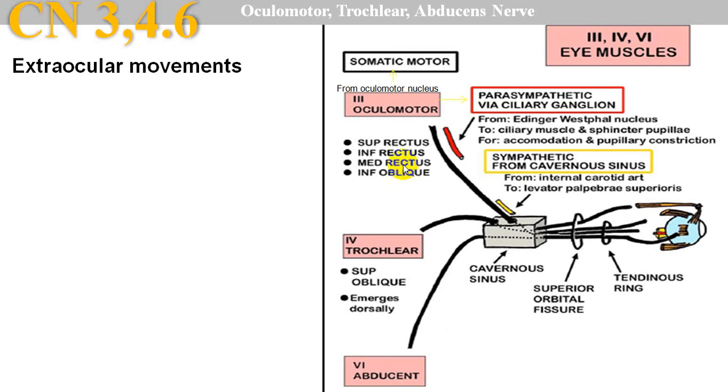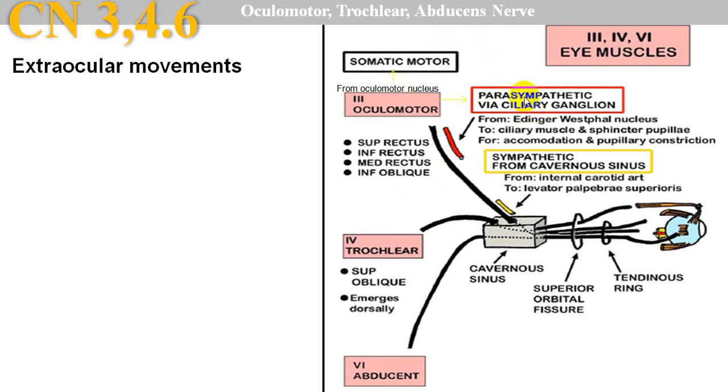Plus, it will also supply the levator palpebrae superioris. So that is four extraocular muscles and one muscle which uplifts the upper eyelid.